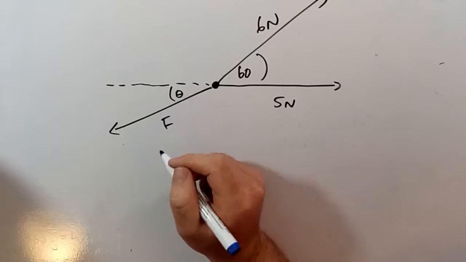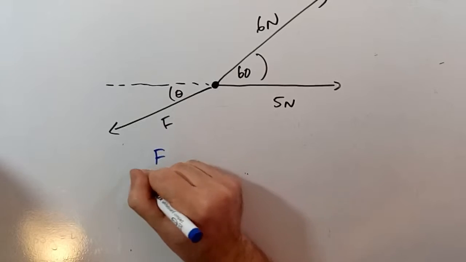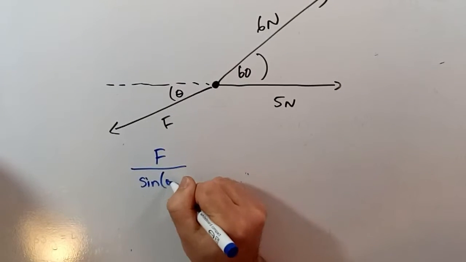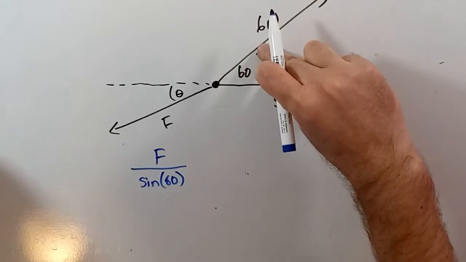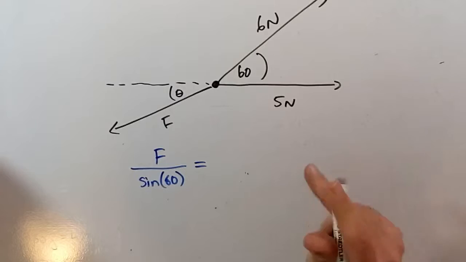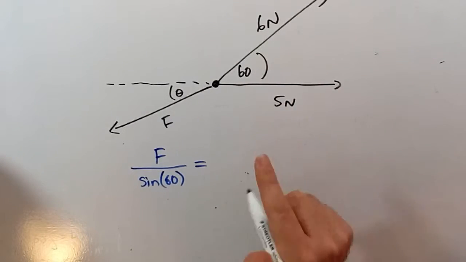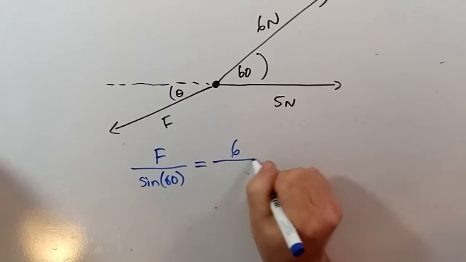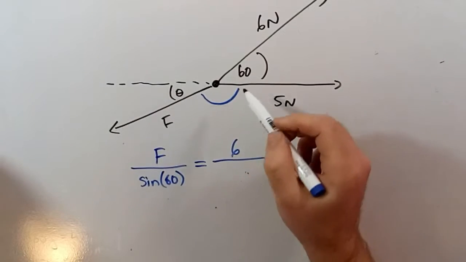Okay, so we can go F on sine of 60. Now we've got this force and its opposite angle has to equal, well, F on sine of its opposite angle has to equal this force, so 6 on its opposite angle here. So what's this angle?